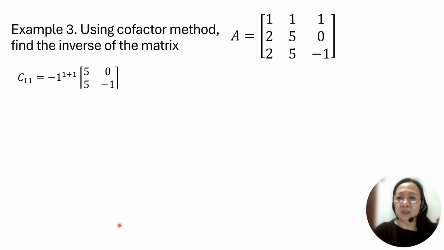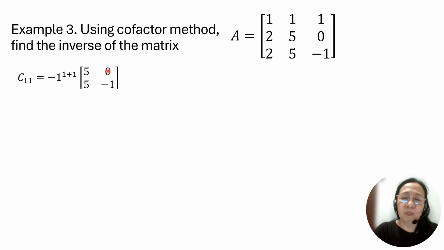So we arrive at, okay, the first number is 1. The position is C sub 11, so 1 plus 1. Slash the first row, slash the first column. So the remaining matrix is 5, 0, 5, negative 1.